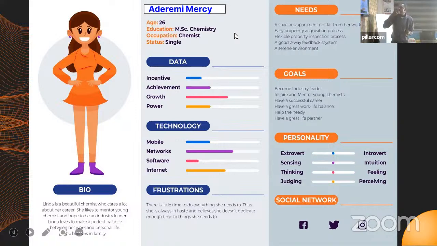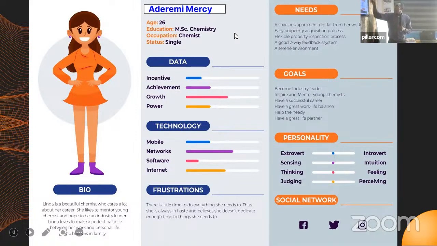So knowing your buyer persona is key. What is the need of this person? This Aderemi Messi actually needs a spacious apartment not far from her workplace. An easy property acquisition process, she wants to be paying it gradually, and she doesn't want to stress herself.